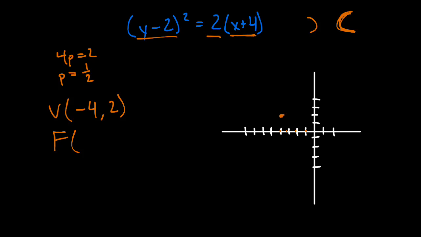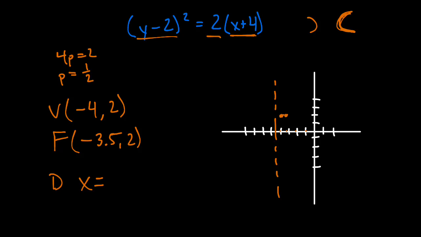So our focus is 1/2 unit to the right. So that would go right 1/2 unit, and it's going to be very close, and that would put us at negative 3.5, 2. And then if we shift just 1/2 unit to the left, that gives us a vertical line.